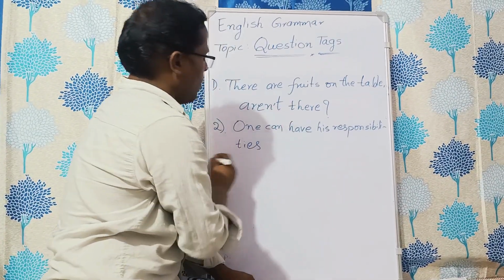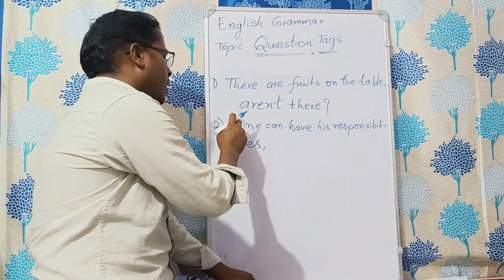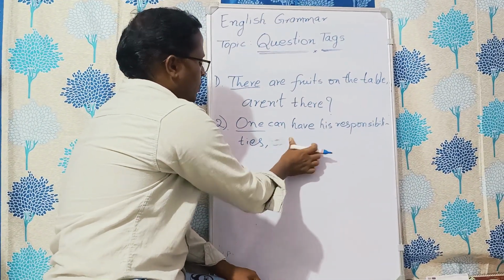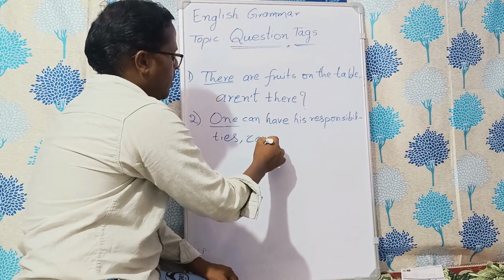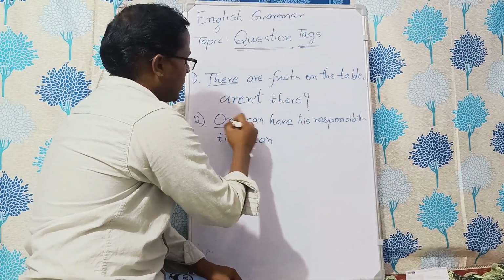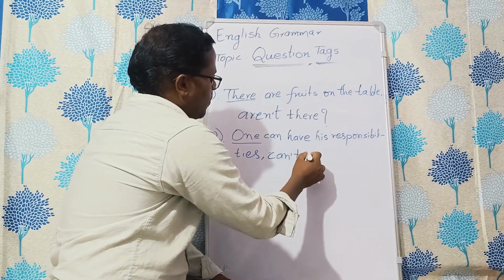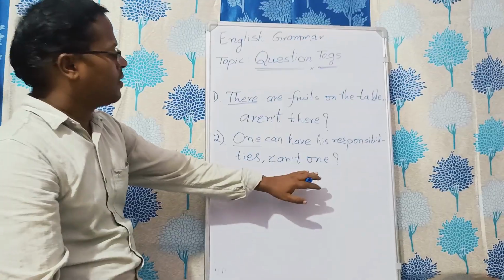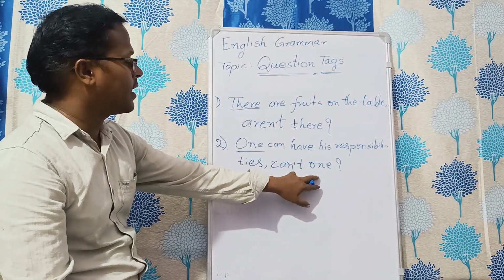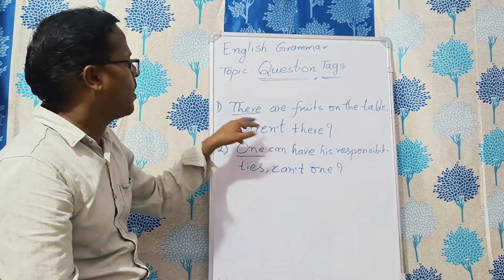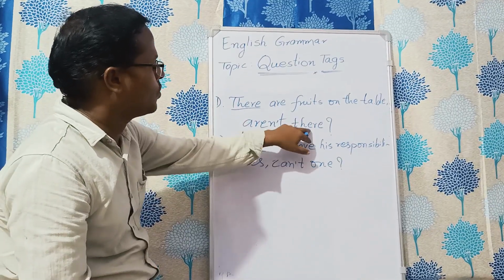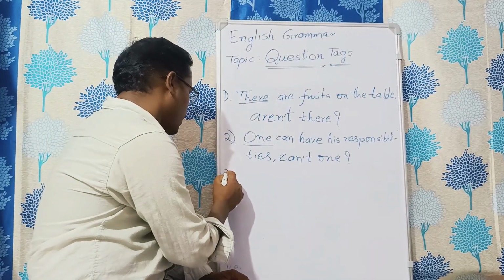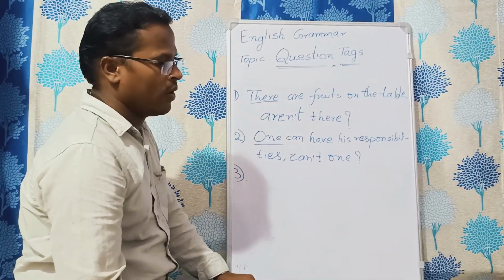In this case also we have to use can't, and at the end of the question tag we have to use one: can't one. There also we have to use the same word. So these are some exceptions. We'll go with some other examples.